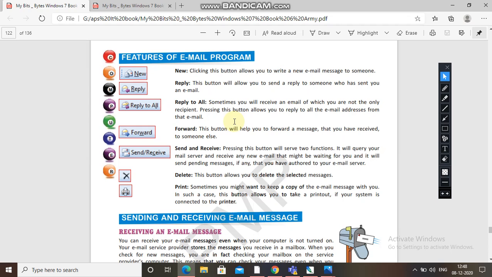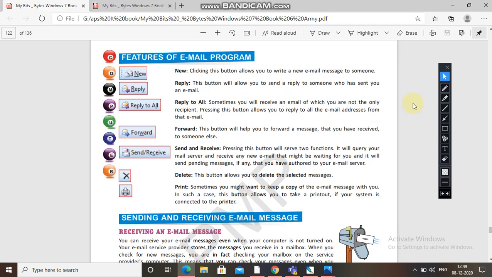This button will allow you to send a reply to someone who has sent you an email. Means a person who knows you has sent you an email, and if you want to answer that person, then you will click reply.